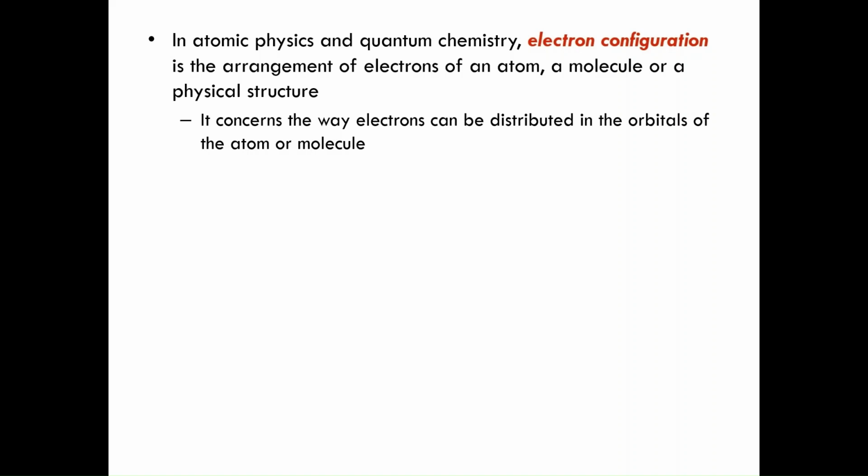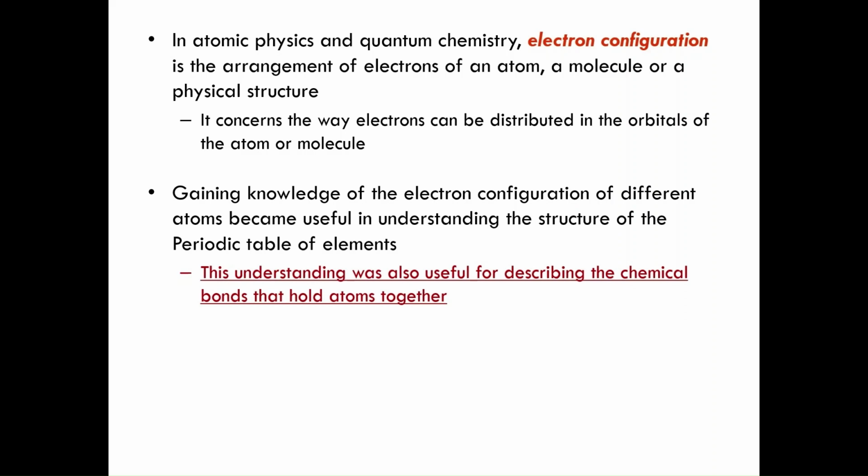Why is it that so many scientists at the turn of the 20th century spent so much of their time and effort trying to figure out how electrons are arranged around an atom? And really the answer to that question is to clearly understand how atoms behave.